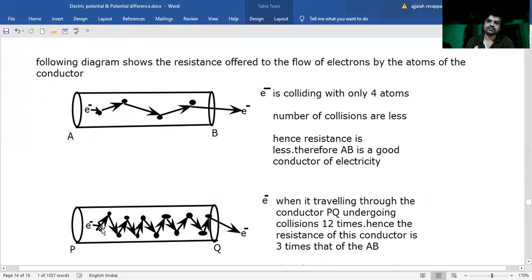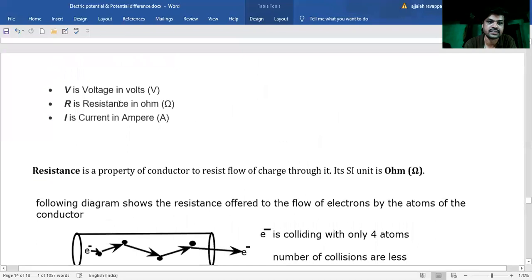Because of potholes, road humps, signals, or curves, which are more on the kacha road, the electron undergoes more collisions. It means for the flow of this electron, the resistance is more, the opposition is more. This opposition is called resistance.